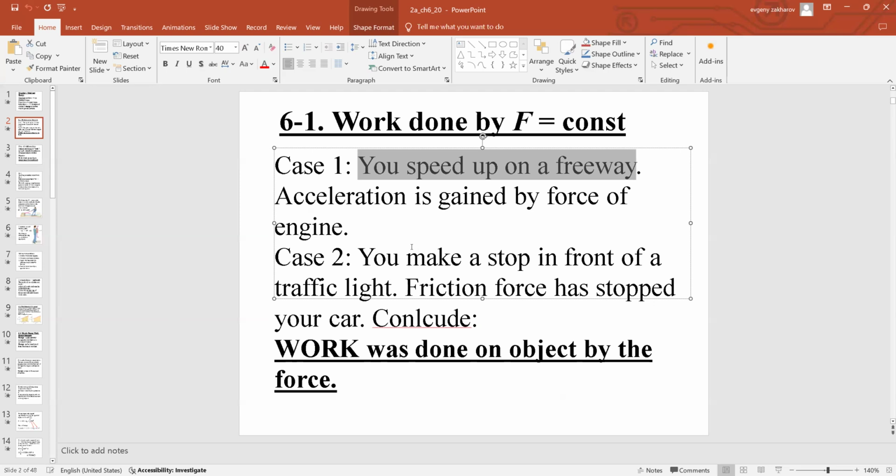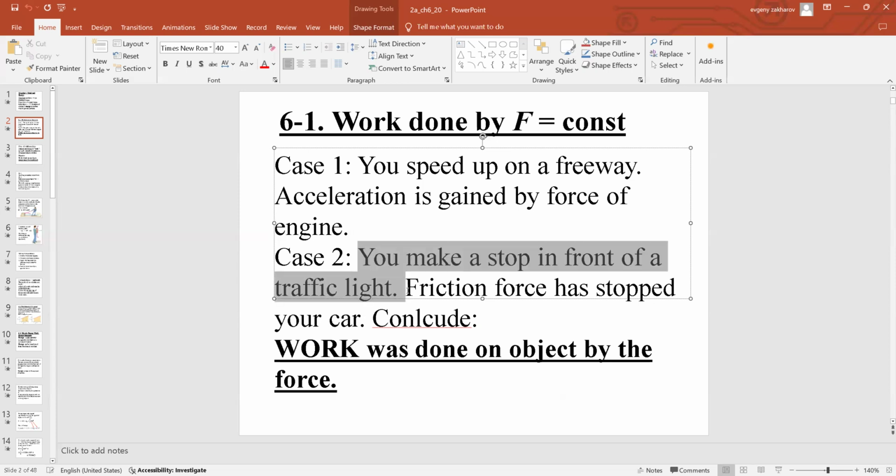Why is that so? Well, because there is some kind of a force, and that force propels your car, and you gain acceleration from that force. And the second case, you make a stop in front of a traffic light. Well, clearly there is friction. It's the friction force that has stopped your car.